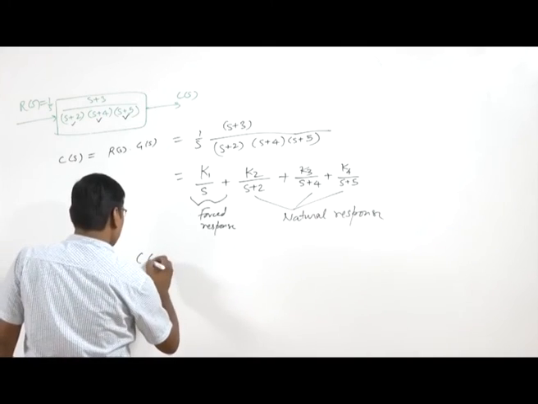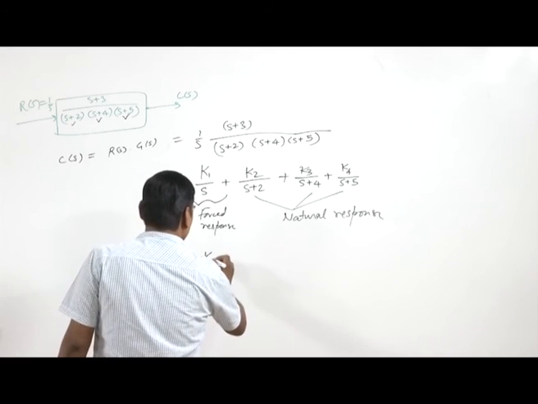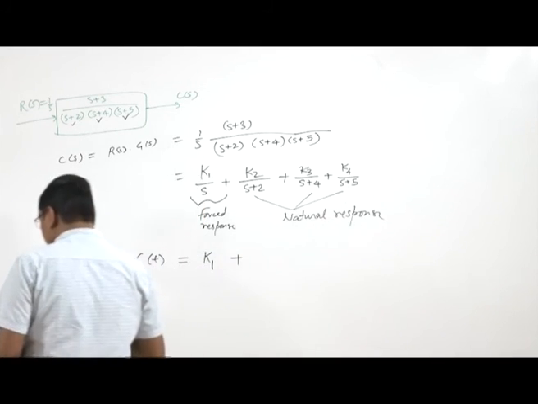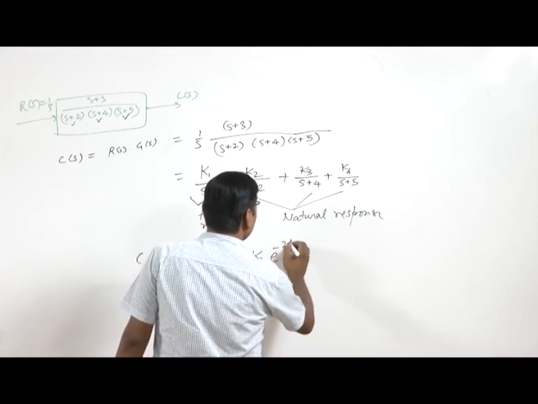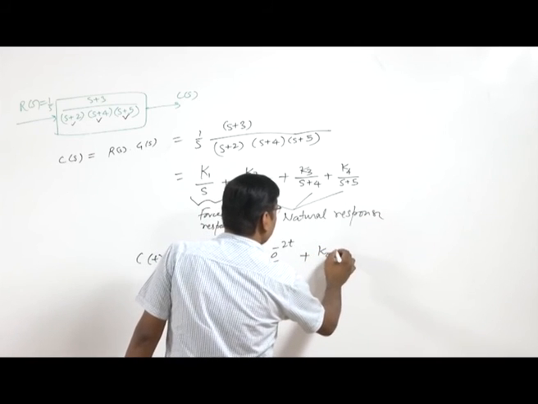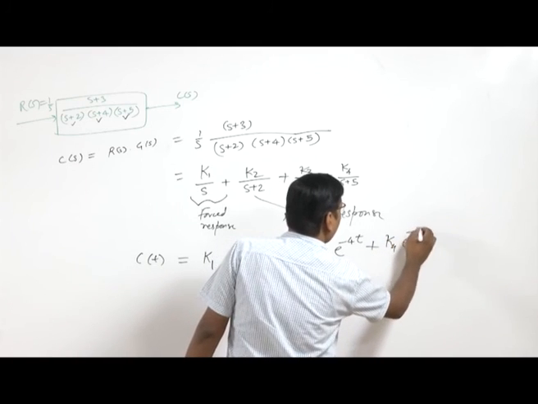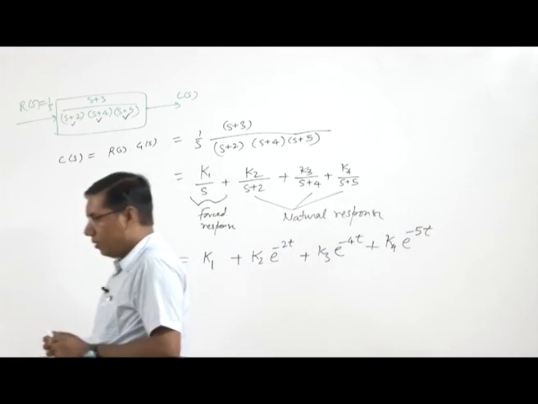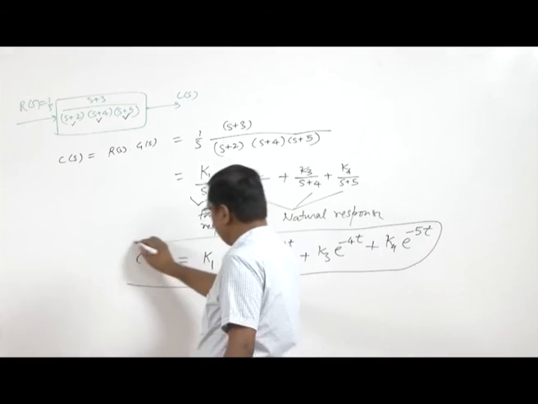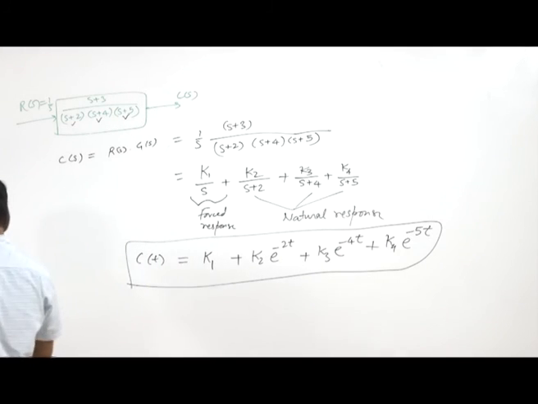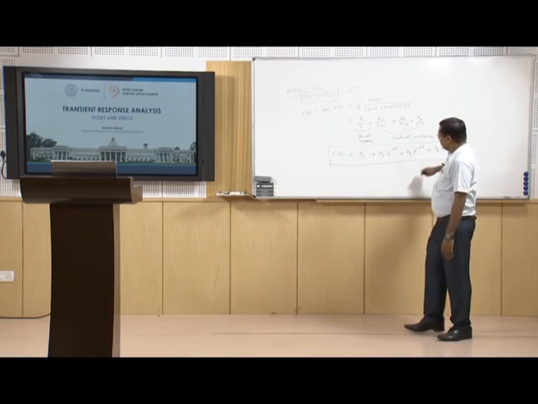So c(t) equals K1 plus K2 e power minus 2t plus K3 e power minus 4t plus K4 e power minus 5t. Here we can find the response of the system.